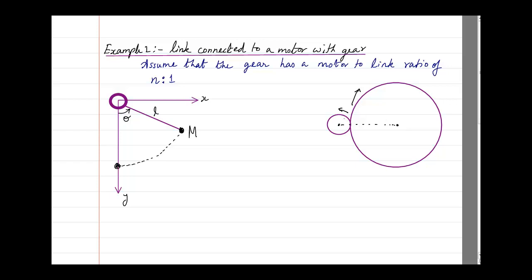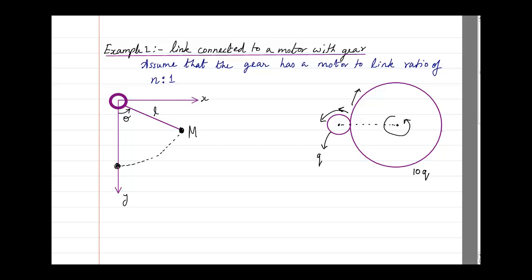Here, suppose the circumference is some value q, and here the circumference is 10 times q, then it means that this one will have to rotate 10 times for this one to rotate once.